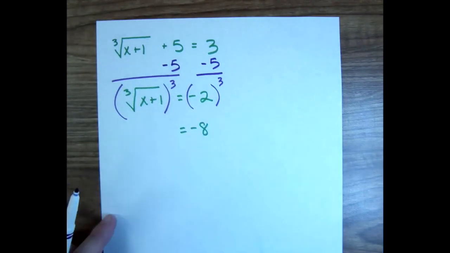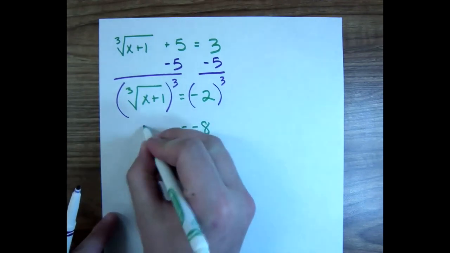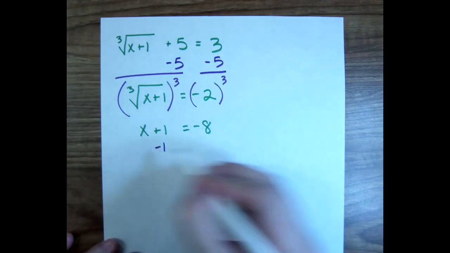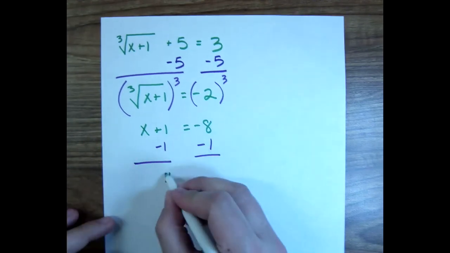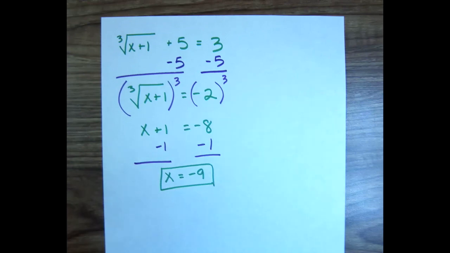Negative 8. x plus 1 over here. And now this is ridiculously easy. x equals negative 9. So that's how you can handle something that is a cubed root. Yeah, that one wasn't too bad.